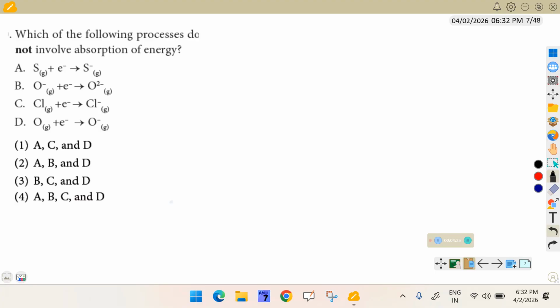Which of the following processes do not involve absorption of energy? Generally what we know: the first electron affinity, EA1, is exothermic, energy released.